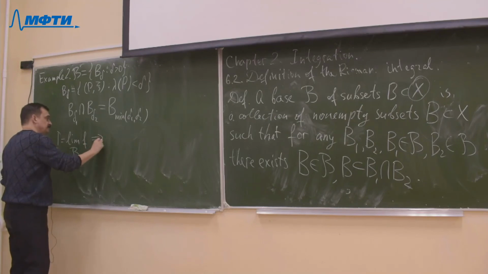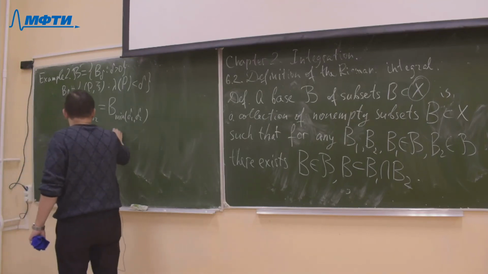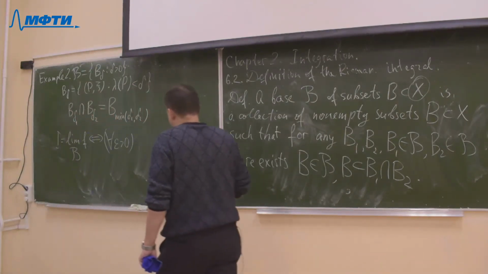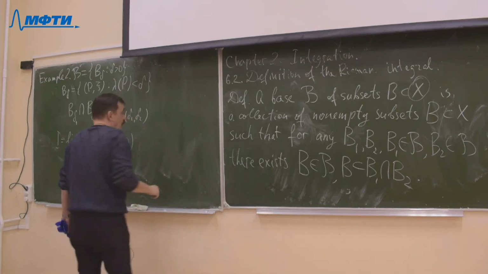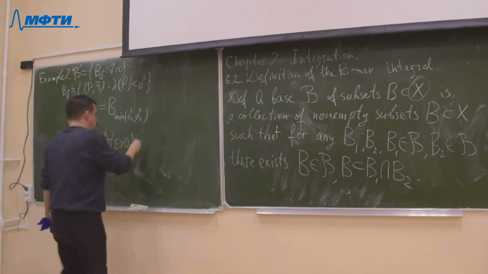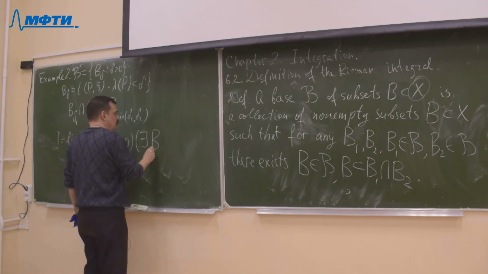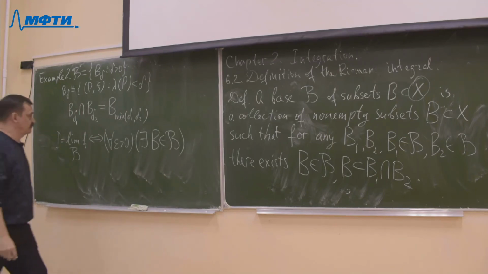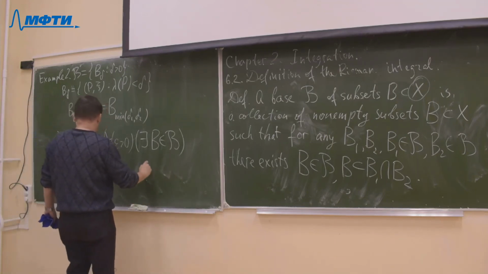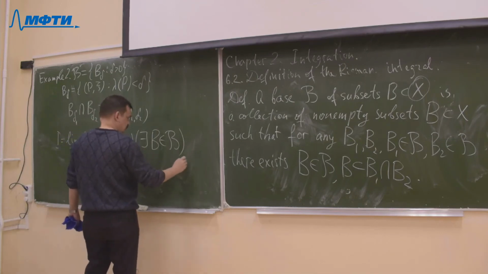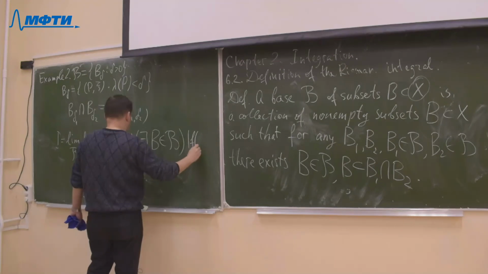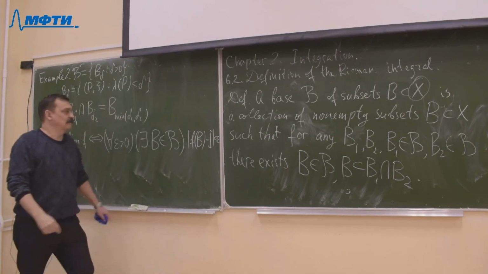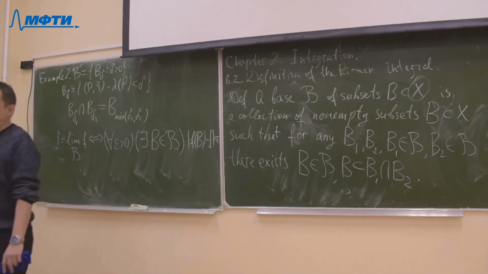It means, by definition, that for arbitrary epsilon greater than 0, there exists a B, an element of our base, such that f of B is closer than epsilon to I.